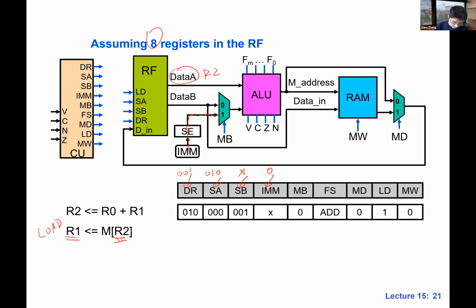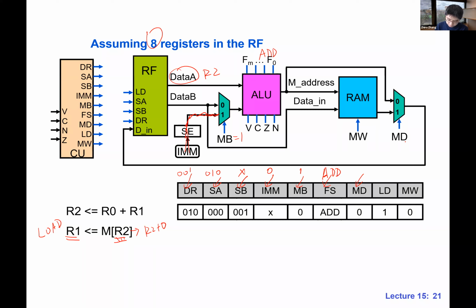This is really R2 plus 0. How about MB? MB is a 1 because we want to take this pass. FS is just add. We want to do the addition over here to form the address.